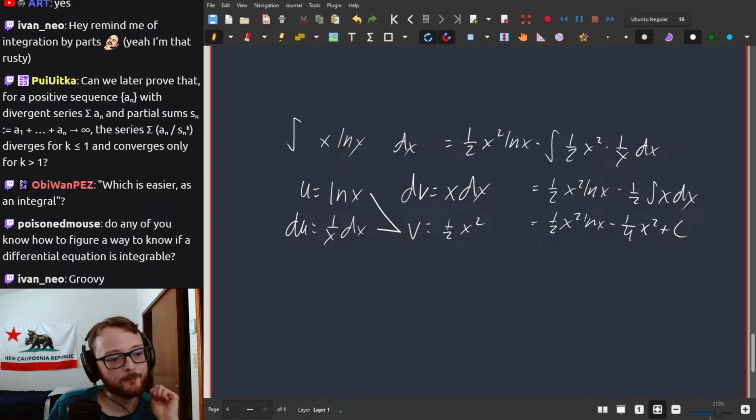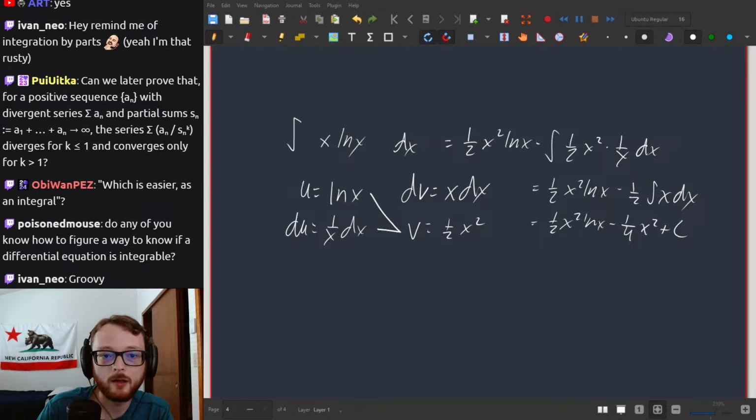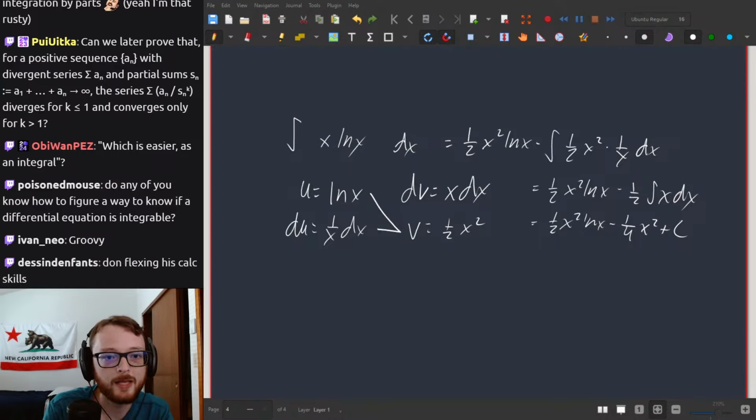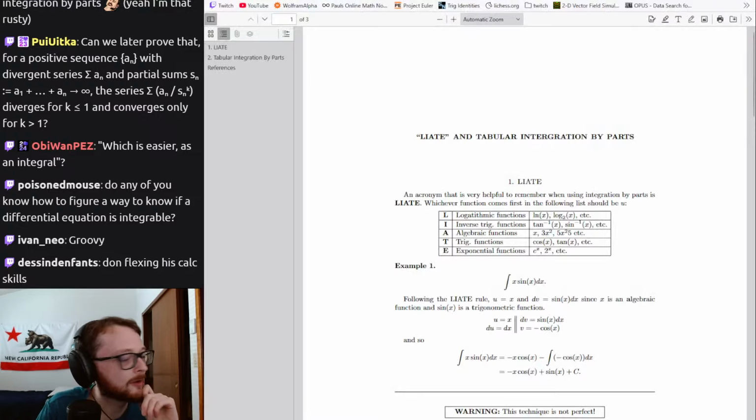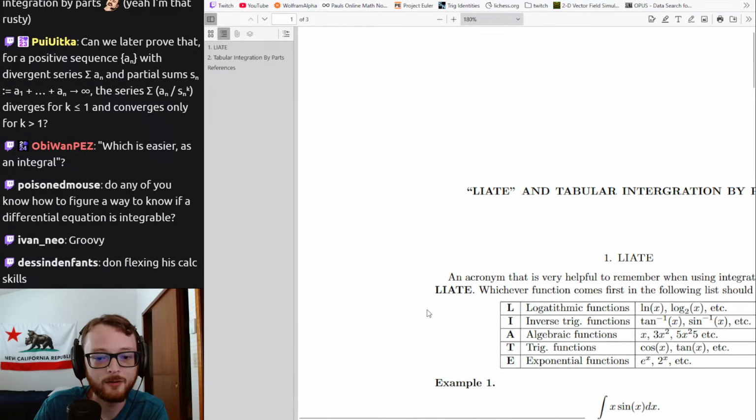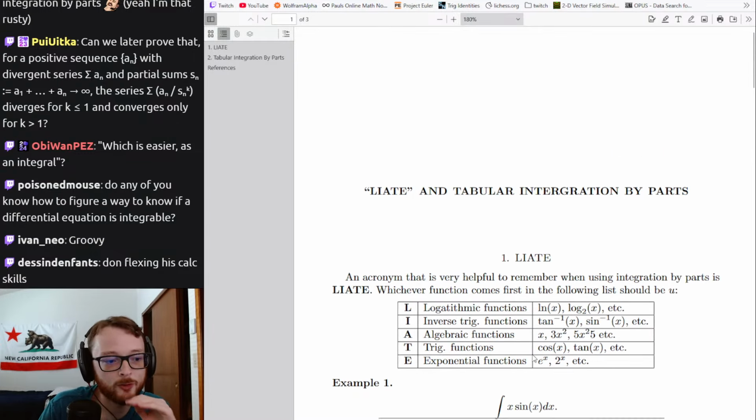And so there's actually an acronym for integration by parts. LIATE, liate. It helps you choose what to take the derivative of.